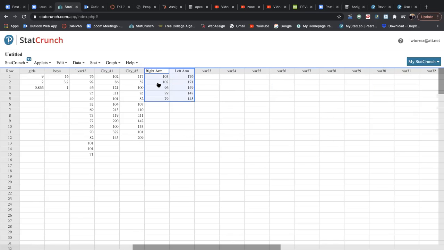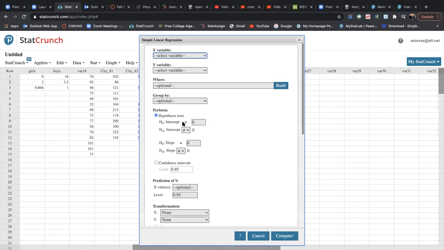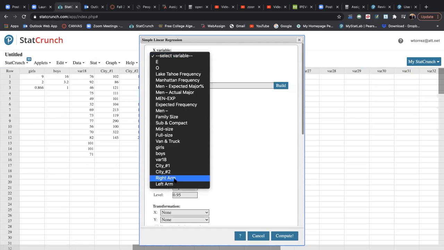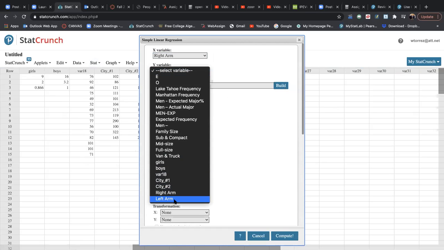Our X data is right arm, and our other data is left arm. Then we'll go into regression, simple linear. Now we'll select our right arm as our predictor, the left arm as the response.